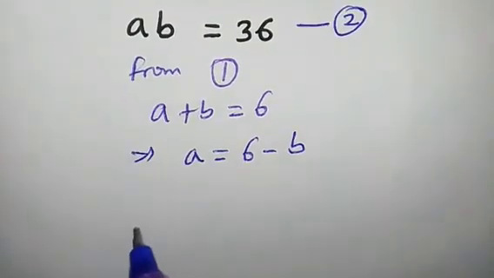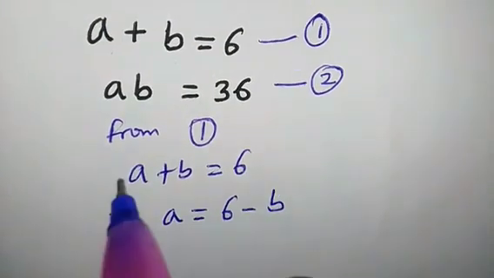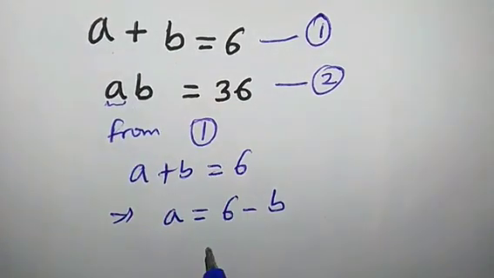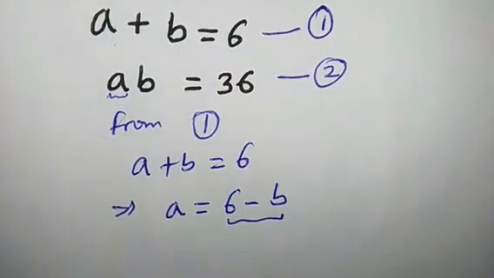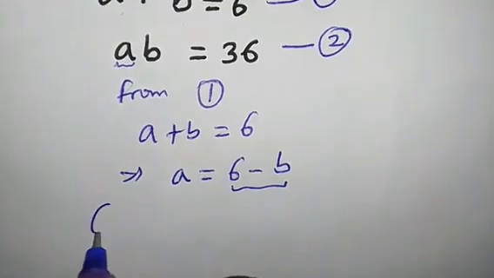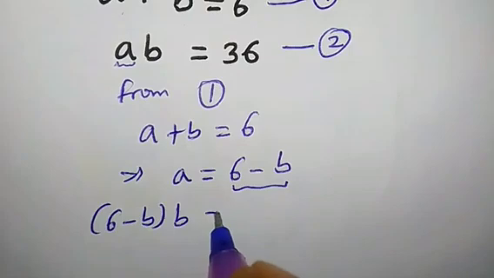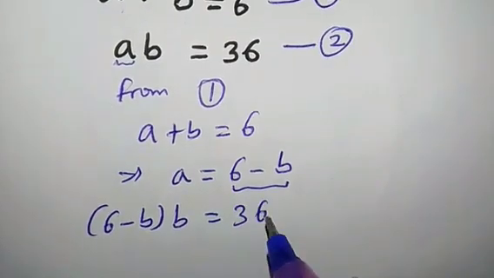Now, the next thing for us to do is to replace this particular a in equation 2 with 6 minus b. Doing that, we have 6 minus b times b equal to 36.